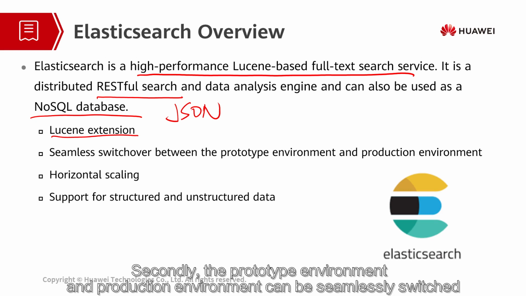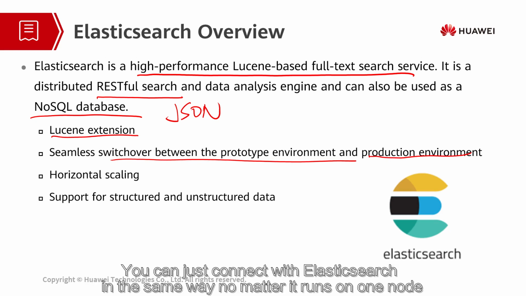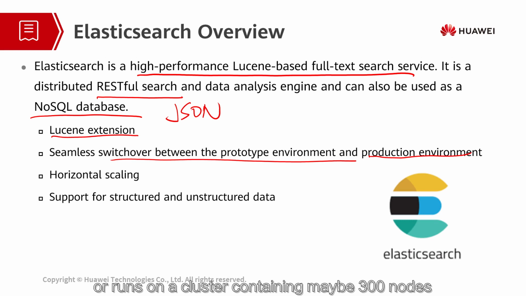Secondly, the prototype environment and production environment can be seamlessly switched. You can just connect with Elasticsearch in the same way, no matter it runs on one node or runs on a cluster containing maybe 300 nodes or even more. After that, Elasticsearch supports the horizontal scaling.